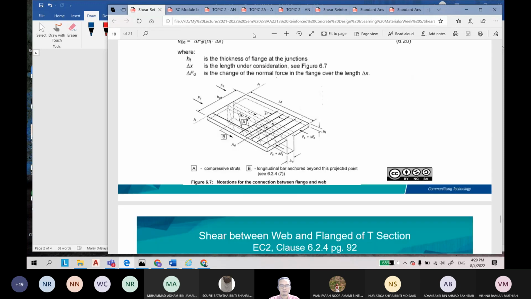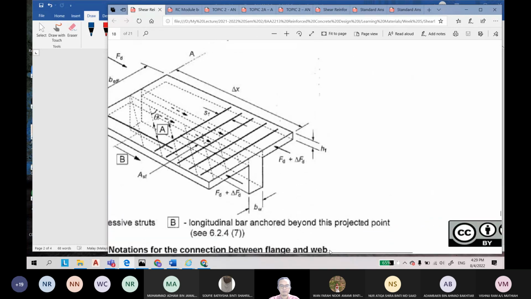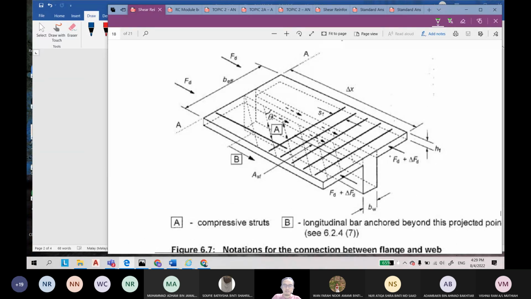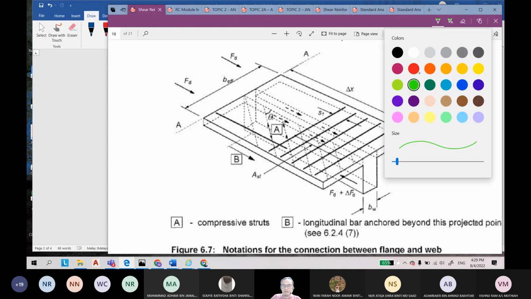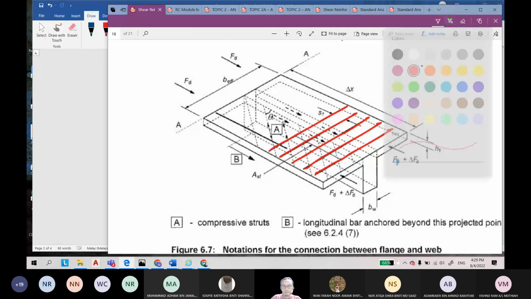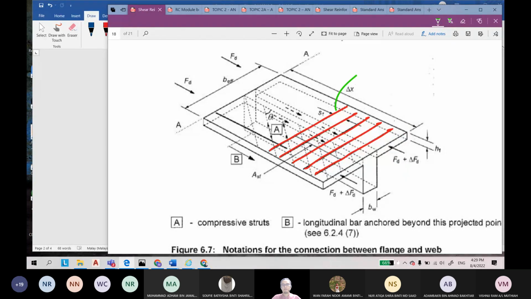If we consider the flange for our shear reinforcement, we must provide this steel. This is the transverse steel in the flange, the red color. I hope you can see. This is the Ast, and this is the spacing St, the distance.